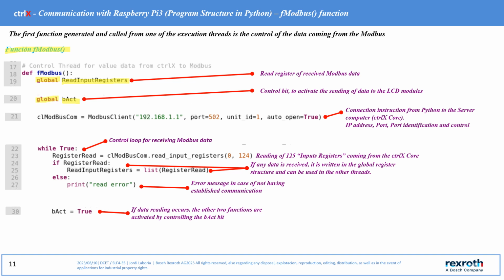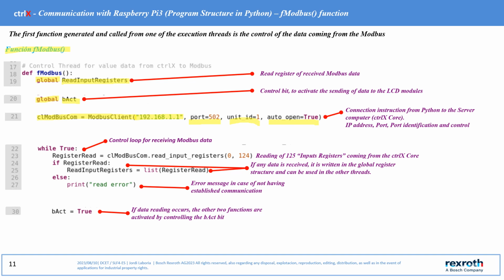Then we use the Modbus module to define the communications IP of the ctrlX core or the devices with which we want to communicate, the port to use, the identification, and if we want the device to perform an auto open. In the next control loop, the data from the Modbus is read.